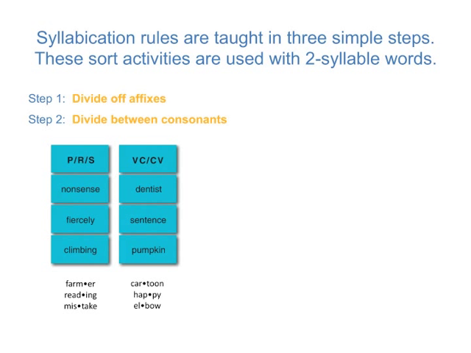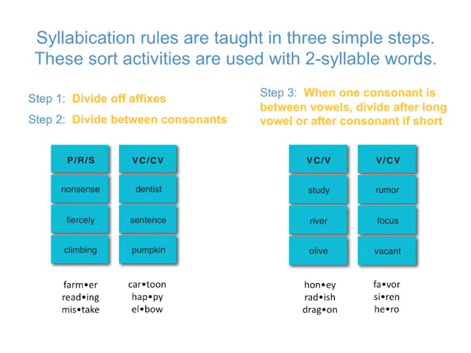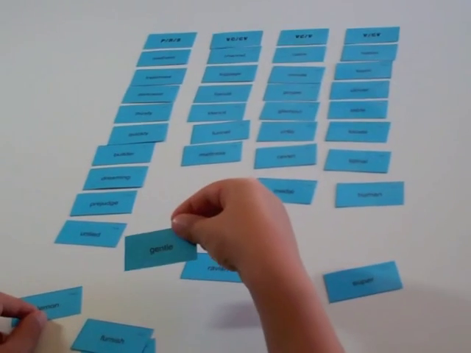That is why students need to be familiar with prefixes and suffixes. Next, look for consonant clusters in the middle of words and divide between the consonants. Finally, when one consonant is between vowels, divide after long vowels, leaving an open syllable, or after the consonant if the vowel is short, leaving a closed syllable.